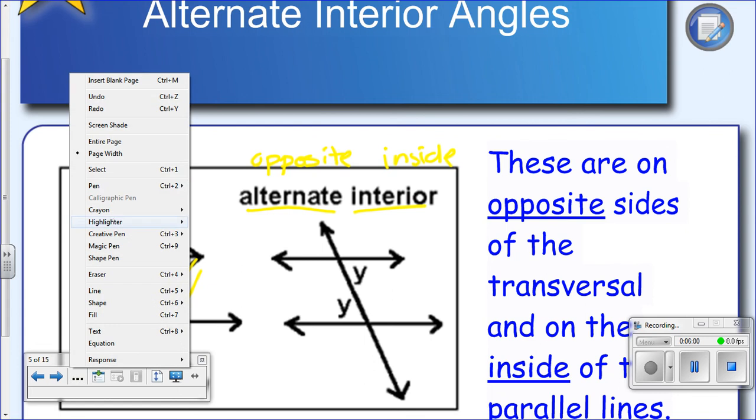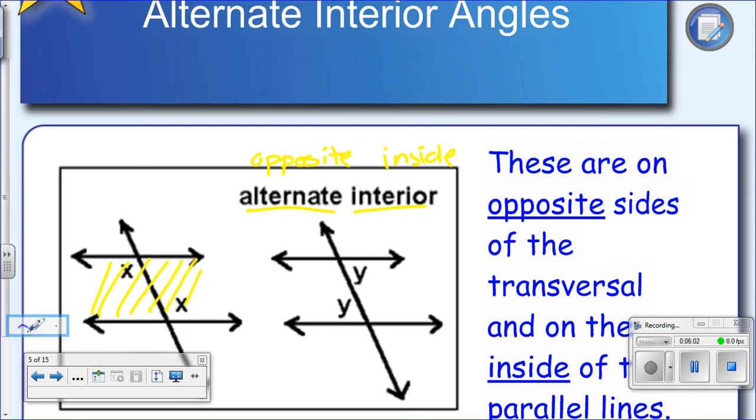And what this means basically is the angles that are opposite each other are actually congruent. So this angle right here is going to be the same as this one right here. They're called alternate interior, opposite and on the inside. And you have another pair on the other side.